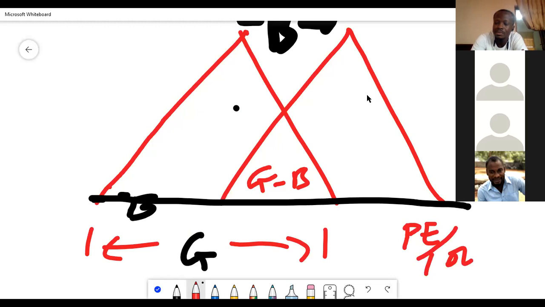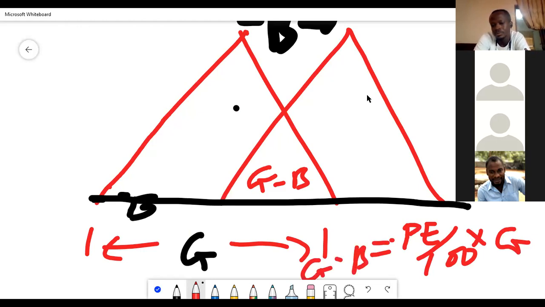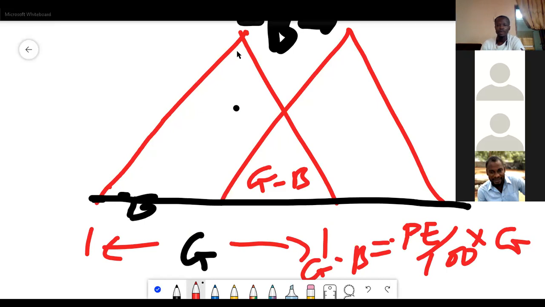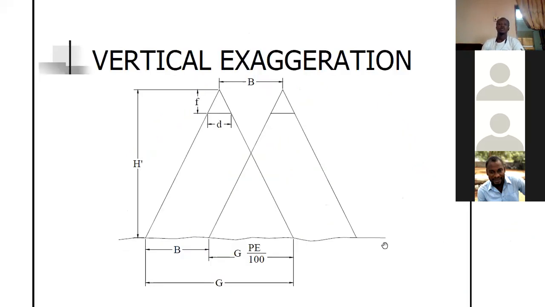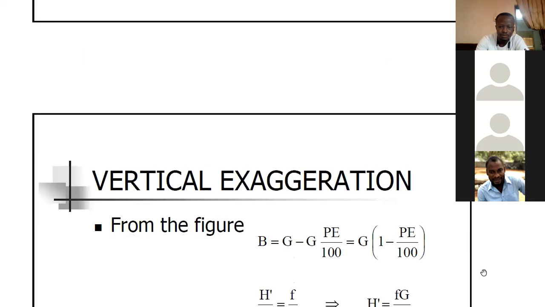So percentage endlap, maybe 60% times G, is actually equal to G minus B. So we should be able to write relationships like this. When we go back to our PowerPoint, 60% of the total G, so we can do this.